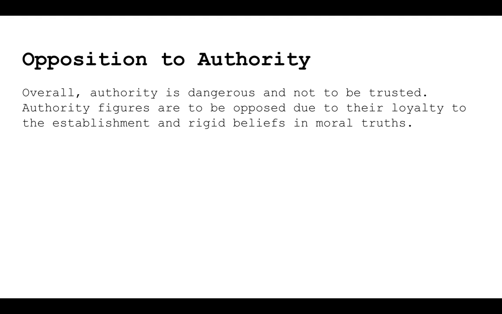So, our first element of postmodernism is opposition to authority. We're going to read some nonfiction texts about history and historical events during the postmodern era, but opposition to authority comes a lot from the Vietnam War era.